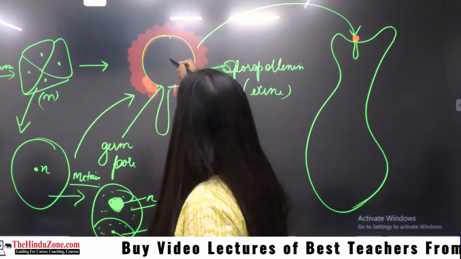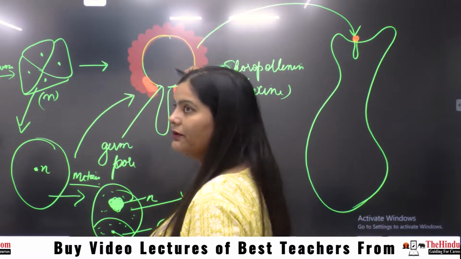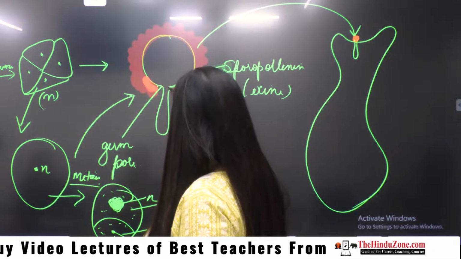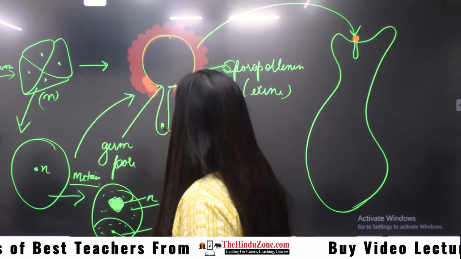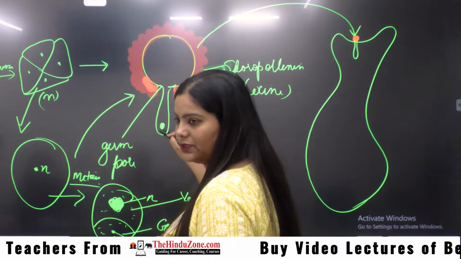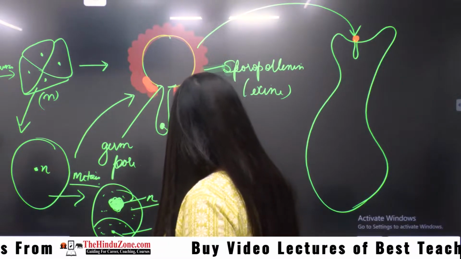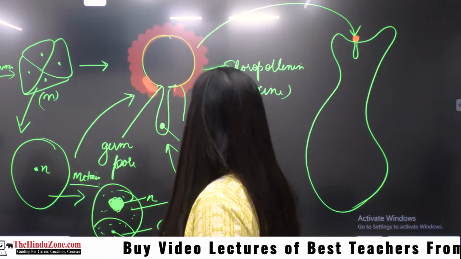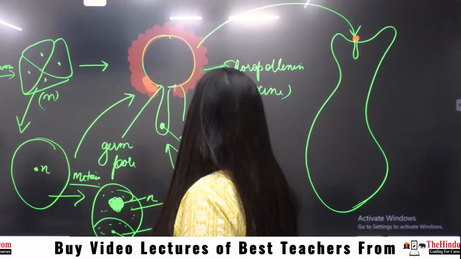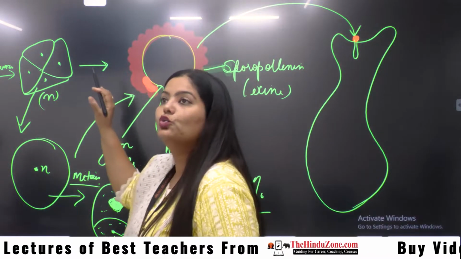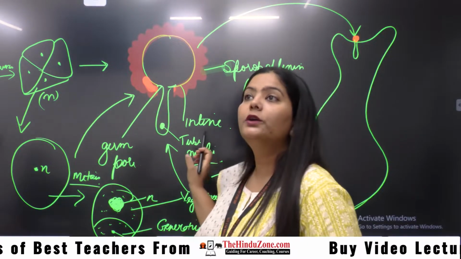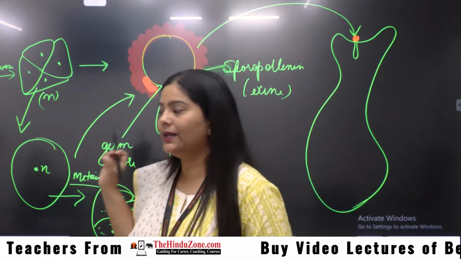Now just see these 2 nuclei, they will reorient themselves, and the vegetative cell will come in the forefront of the pollen tube, and the nucleus of the vegetative cell we are now calling the tube nucleus. The purpose of the tube nucleus is to guide the pollen tube to the egg cell, right?